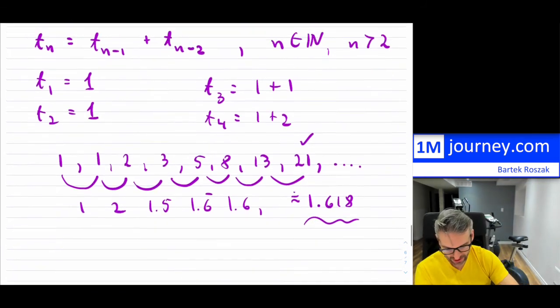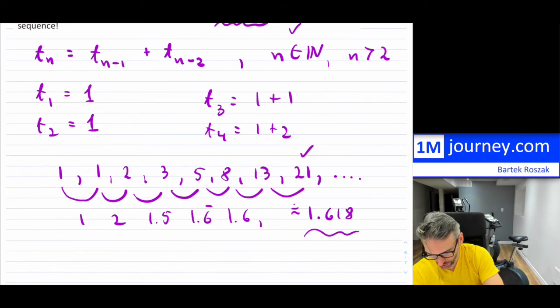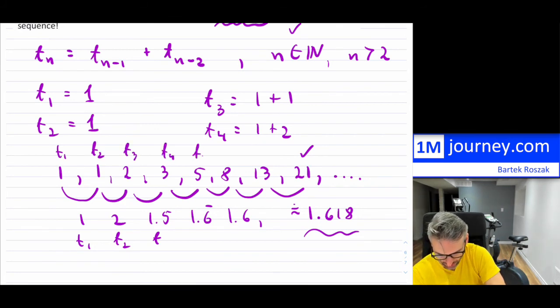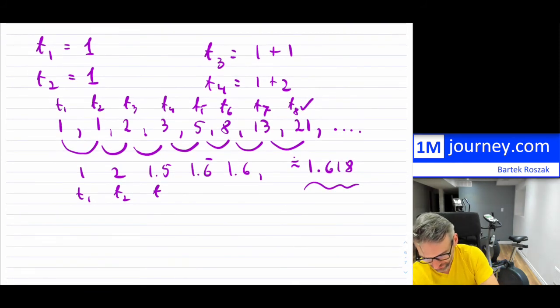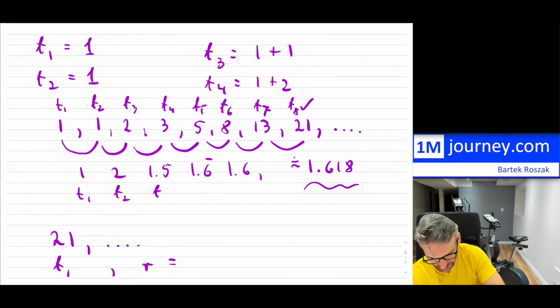So for instance, you're not going to start at term 1. Notice this is term 1, term 2, term 3, term 4, term 5, term 6, term 7, term 8. So what you're going to do is say, if your term number 1 was 21 onwards, then you take the ratio as approximately 1.618.